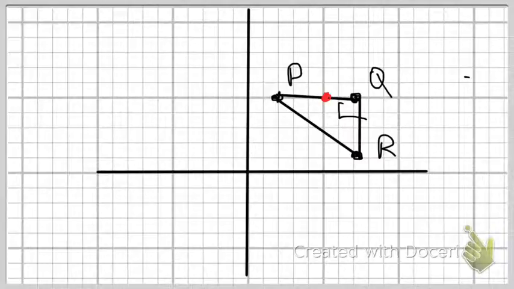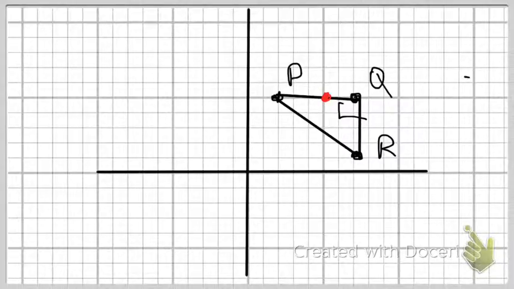So we're looking for the midpoint. Now on all of these, remember, the midpoint is (x1 plus x2) over 2, (y1 plus y2) over 2. So P and Q is a little bit easier because we have a flat line, so we're not actually changing the y's at all.